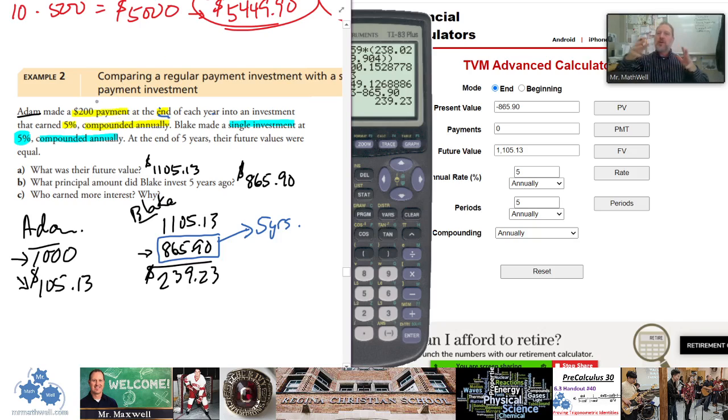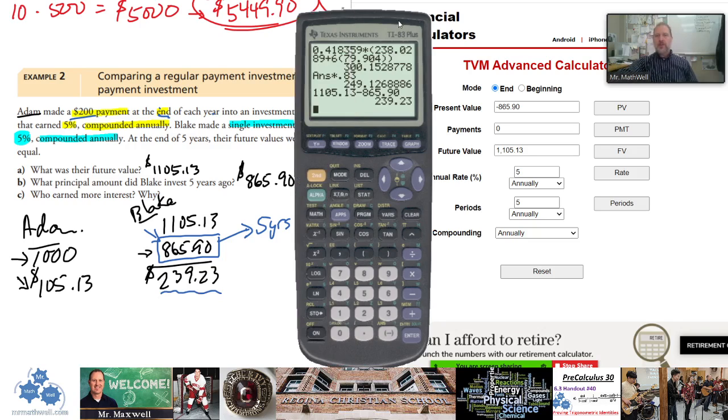So all this time is going by, and there's not a lot of money in there for the interest to act upon. So yeah, Adam is making $200 payments at the end of every year, so that's great. But if you're able to come up with a little bit more at the beginning, you let time do all the work for you. See? Time does the work for you if you can put some money in at the beginning. So Blake ended up earning quite a bit more.